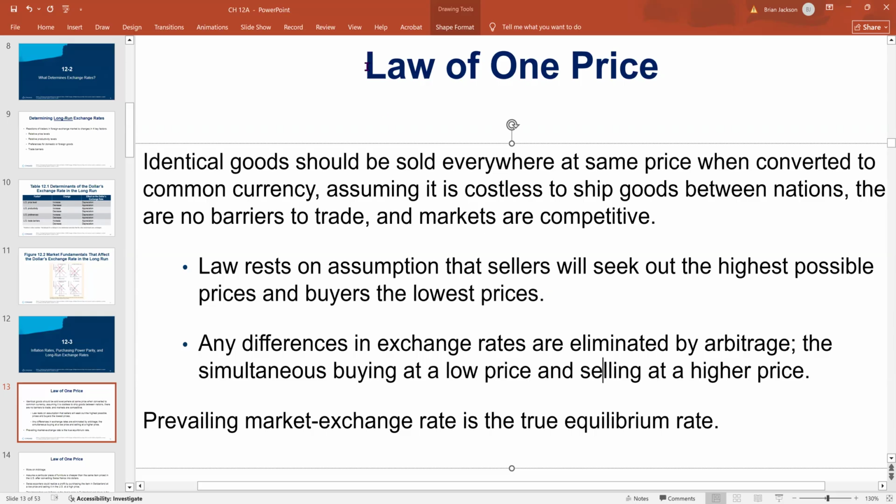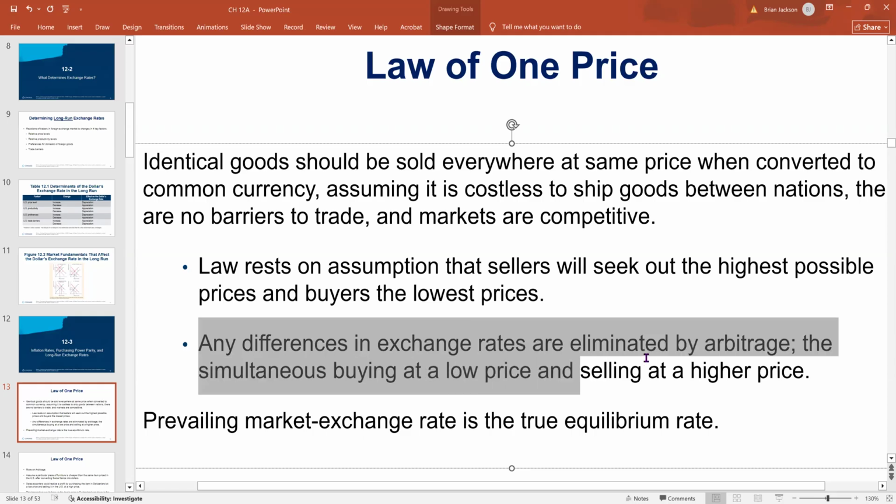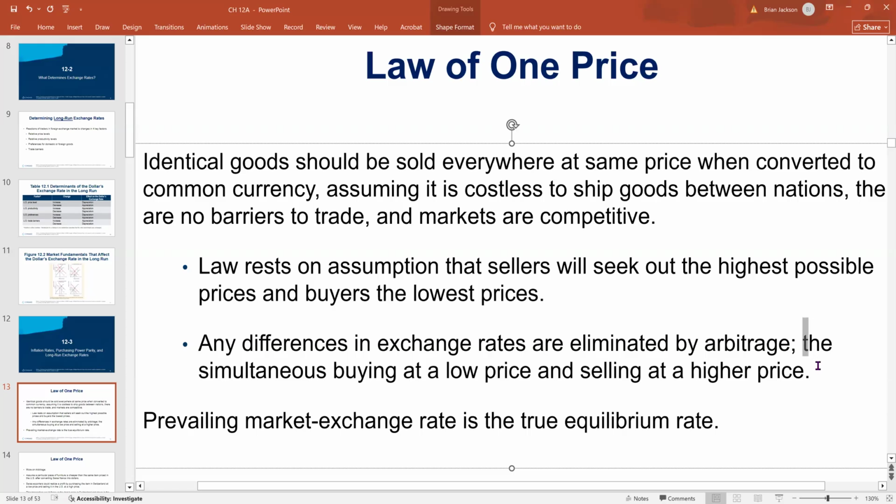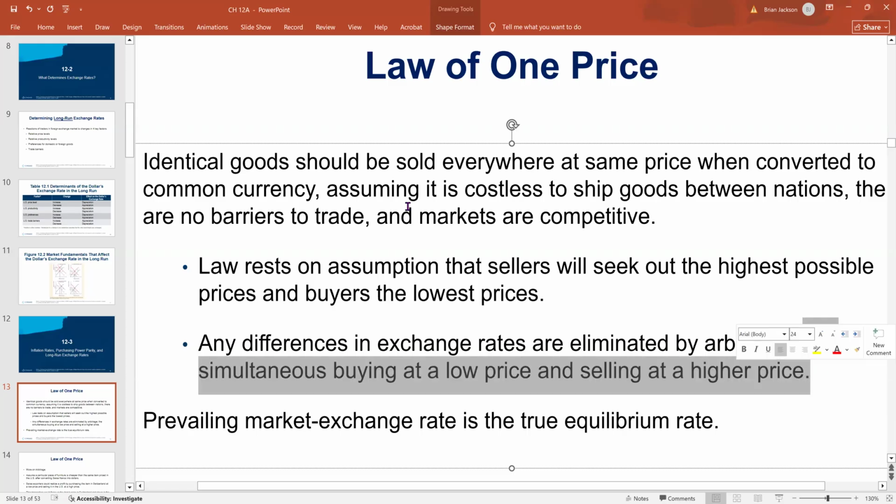And that has to be a condition in place for the law of one price to prevail. Also, any differences in exchange rates are limited by this arbitrage opportunity. Okay, so that is to say, there's no arbitrage. Arbitrage may exist for a little bit, but that is the opportunity to simultaneously buy low and sell high, as we talked about just a moment ago.